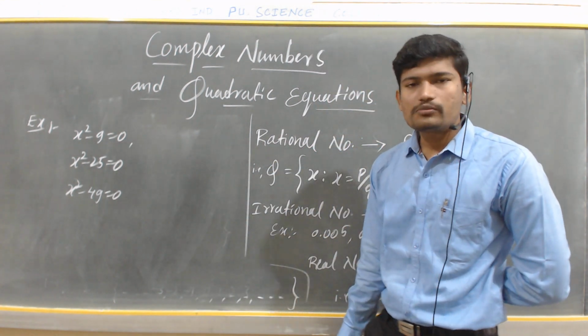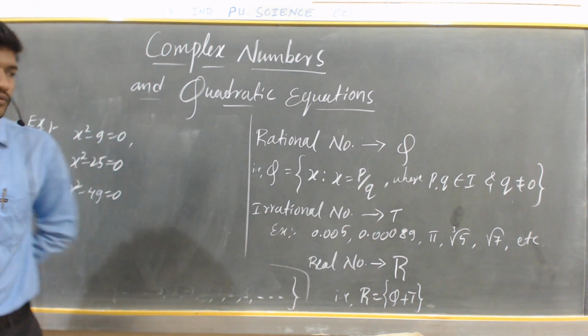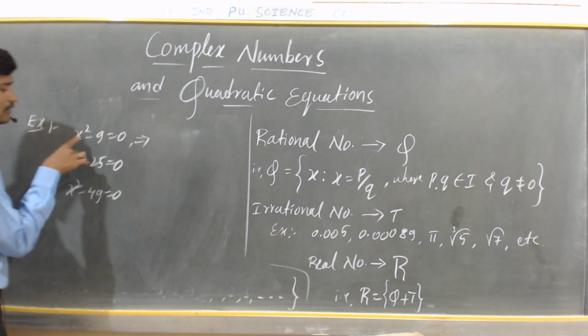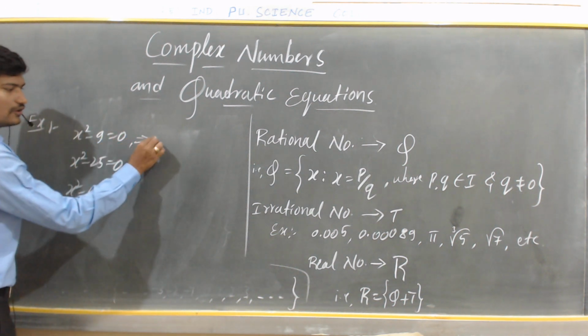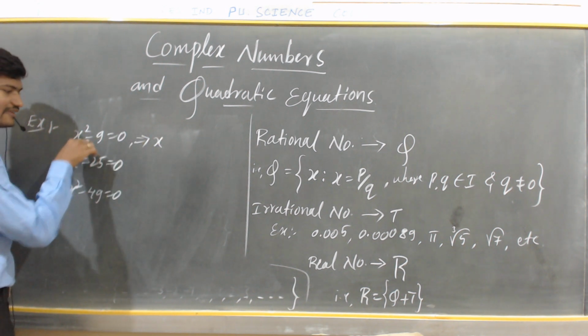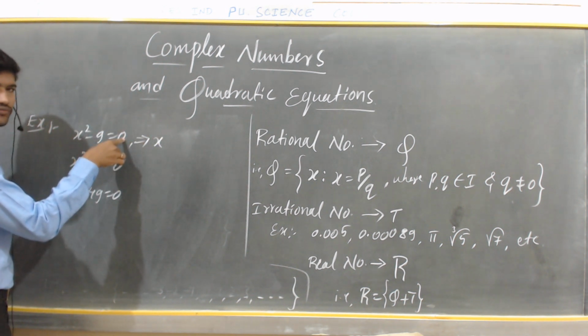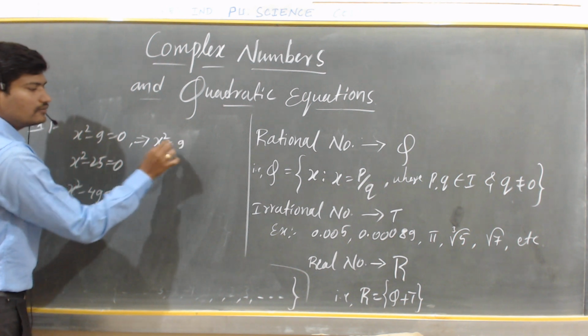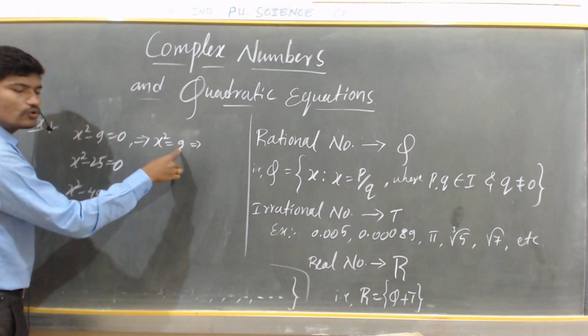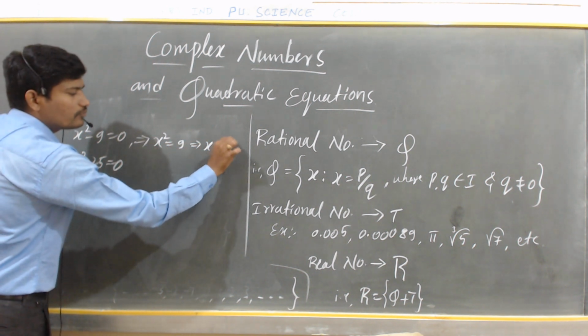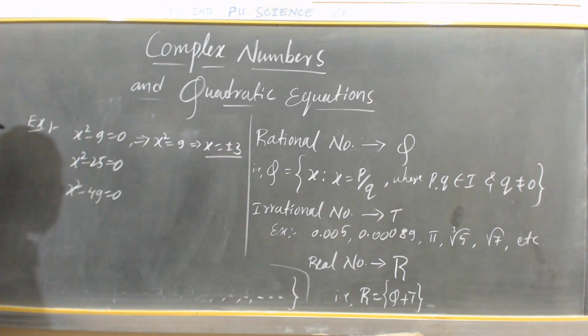For x square minus 9, minus 9 comes to this side and you get 9, so x square equals 9, and finally x equals plus or minus 3.